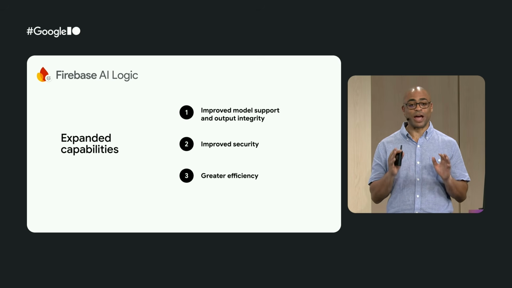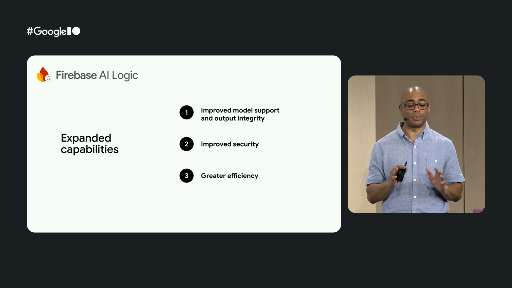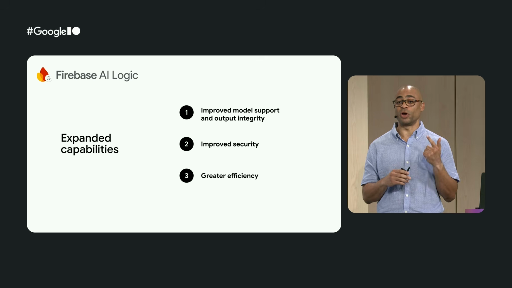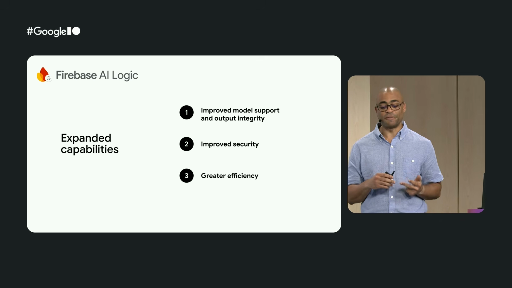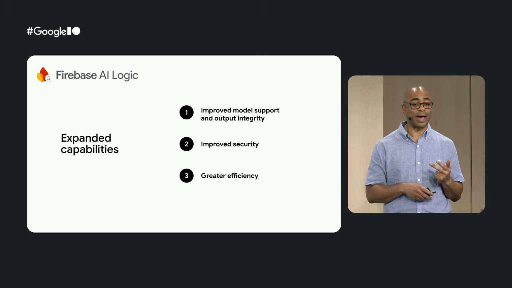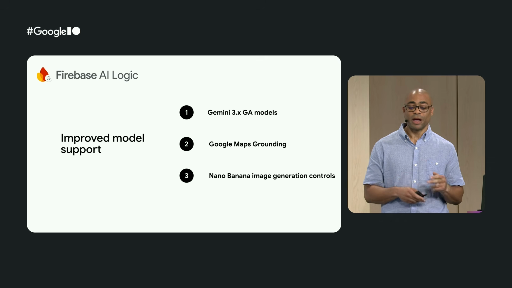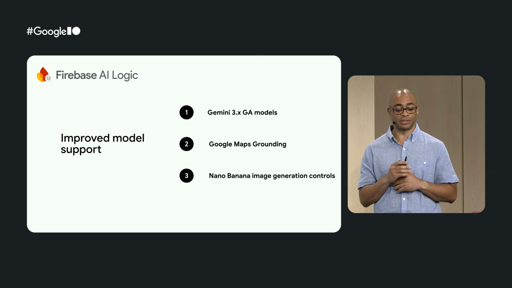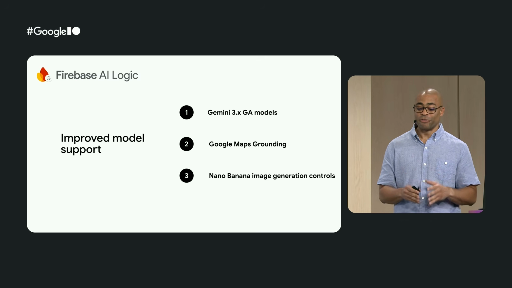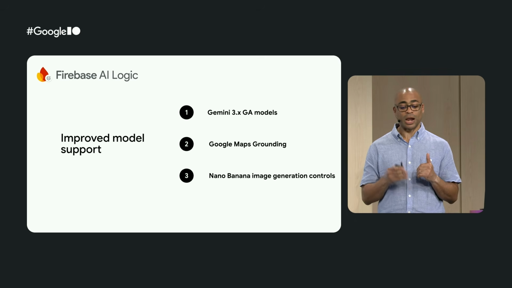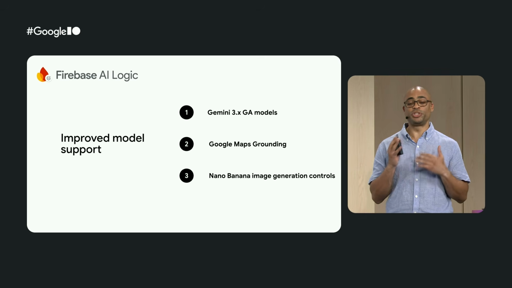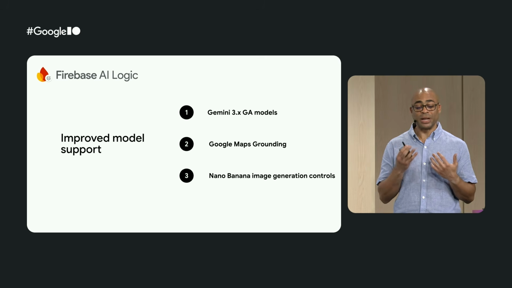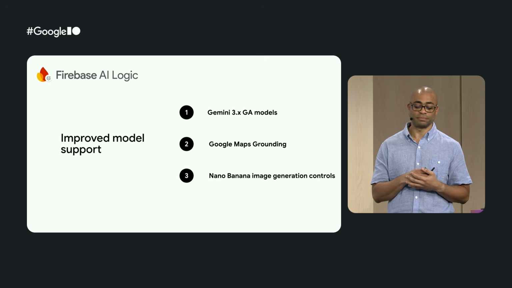At I/O, Firebase AI Logic is rolling out a series of updates that improve model support, provide even more security for your AI features, and greater efficiency for the AI features in your app. Firebase AI Logic now supports the latest Gemini 3 GA models. We've added support for Google Maps grounding, allowing Gemini models to connect with geospatial data from Google Maps and build location-aware AI features.